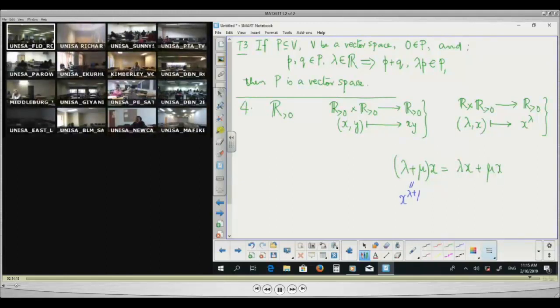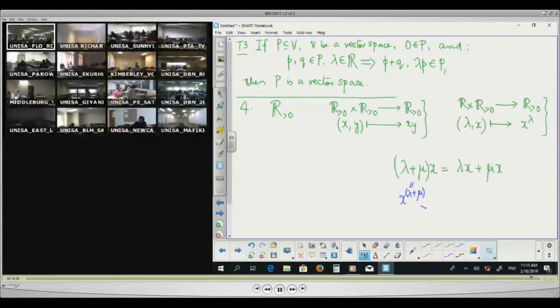Now, what do I know about this? This is x to the power lambda times x to the power mu. Okay? But what is this multiplication? This is actually the vector addition.